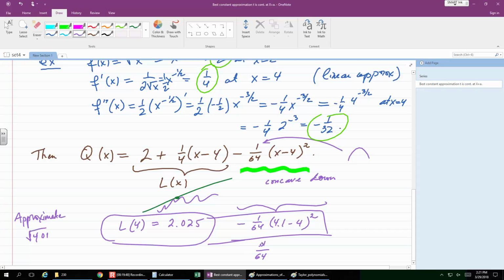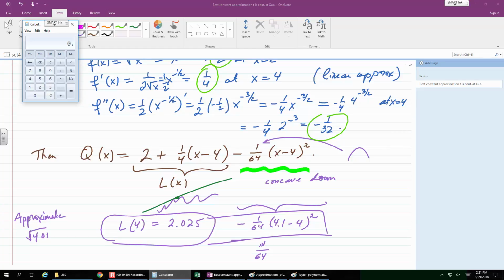Where's my calculator? 0.01 divided by 64. So that's an extra term, a very small term, but let's see where it brings us.